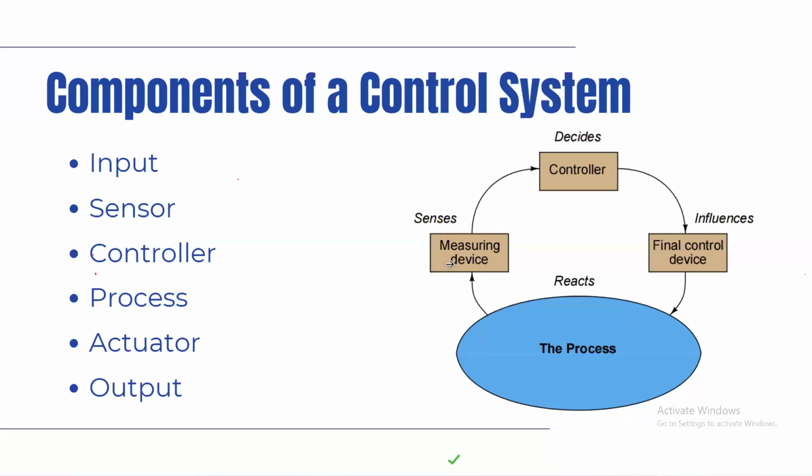The proximity sensor detects that somebody is walking towards the door and sends that signal to the controller. The controller then decides, if it senses something, to send a command to the motor to open the door, and the door opens for the person. In this case, your motor is your actuator. Do you understand?